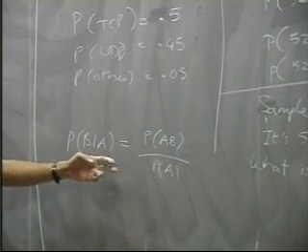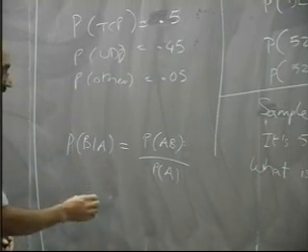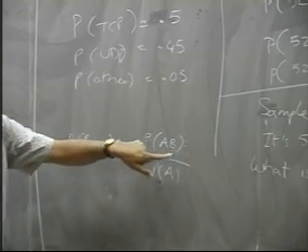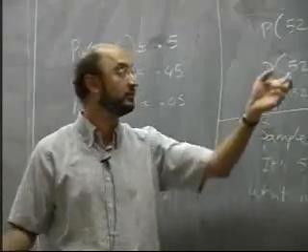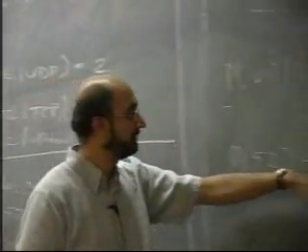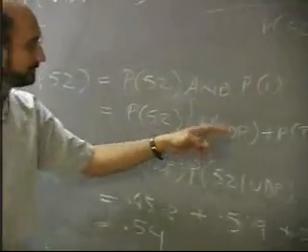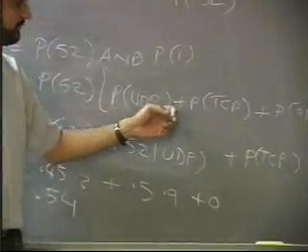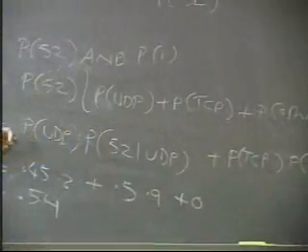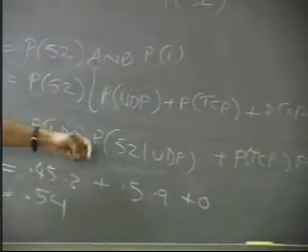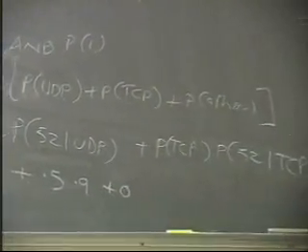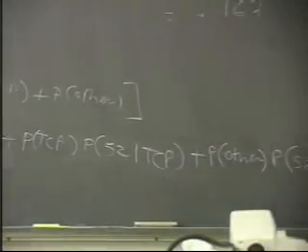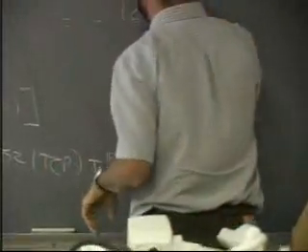So I can multiply this out, P A times P B given A is P AB, because I want to know the joint probability of UDP and 52, right? So P52 and 1 is P52 and this or this or this, which is P52 and P UDP, or P52 and TCP, and so on. And that comes out to be this thing, P UDP times this. This comes from this equation over here. And when I plug these values in, I get 0.54. I can now go back here, plug this in here, and I get 0.167.